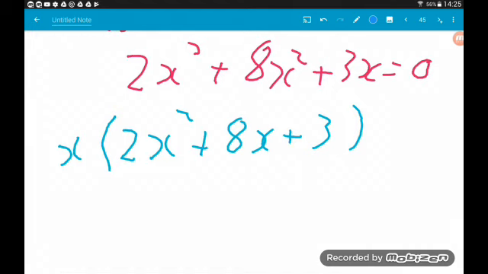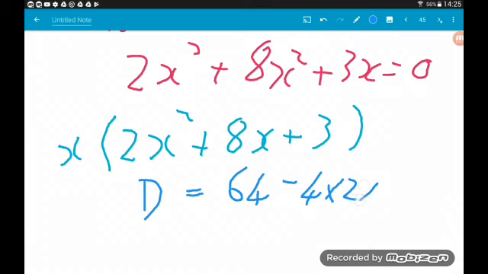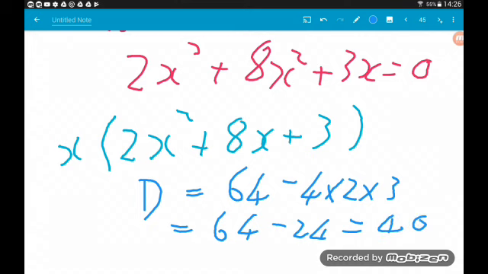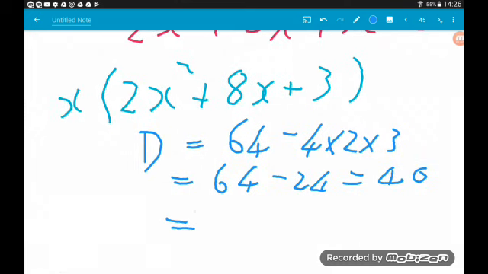So, the discriminant is 8 squared, so 64, minus 4 times 2 times 3. So, we've got 64 minus 4 times 2 is 8, times 3 is 24, 64 minus 24 then is 40, which is positive, so the quadratic does have 2 real roots.